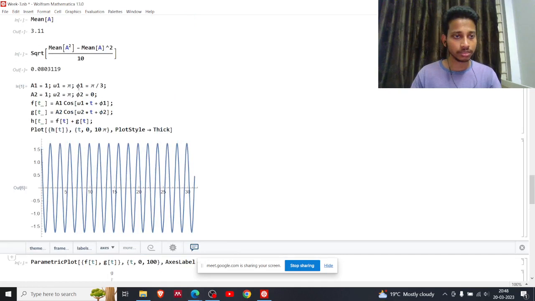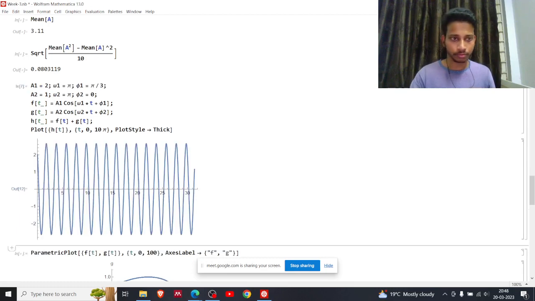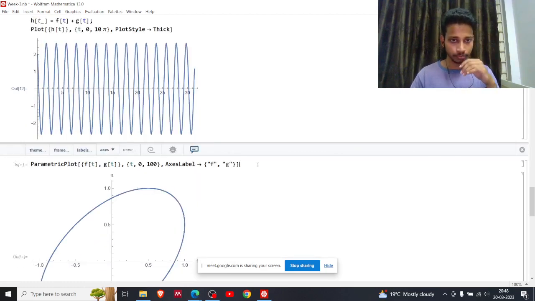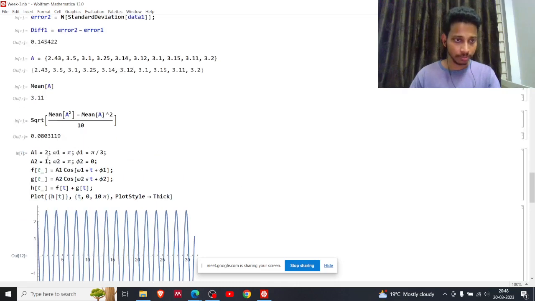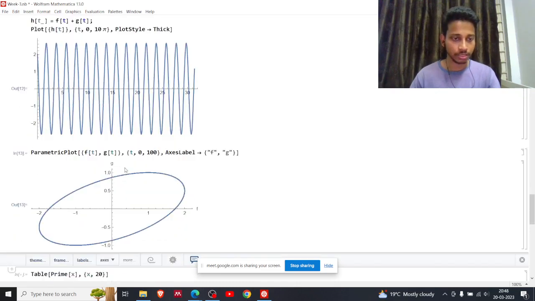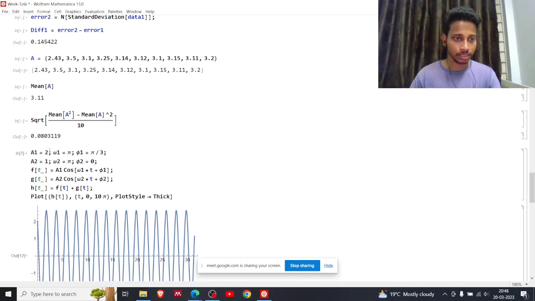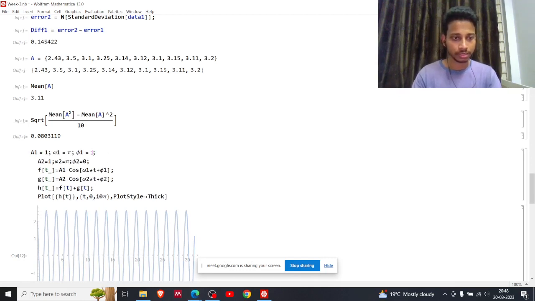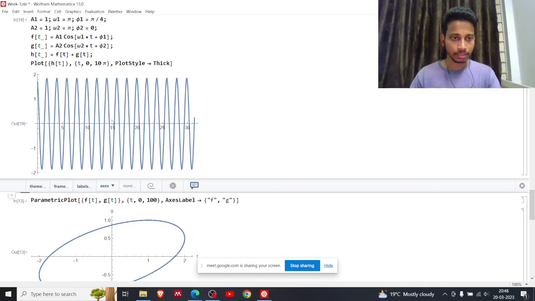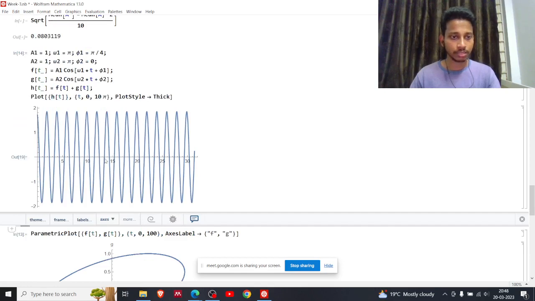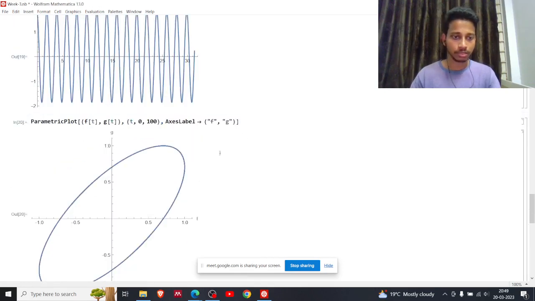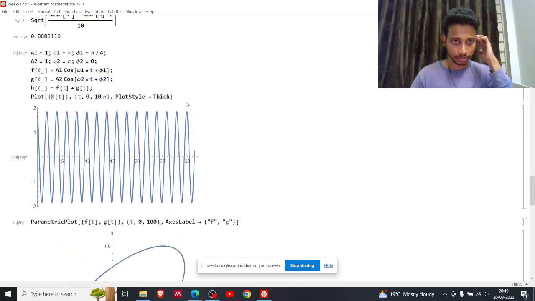Now depending on the amplitude, the phase and the frequency, the Lissajous figure's orientation will change. Like if I put this one as 1 and this one as pi by 4, then we cannot see any difference in these oscillations, but if we do this, we can see the changes in the orientation.